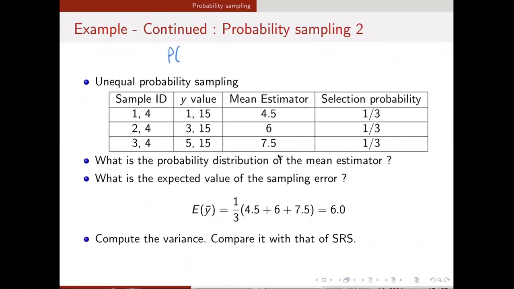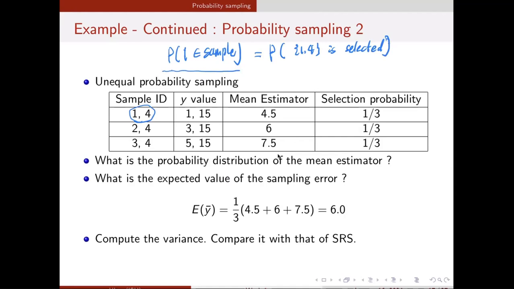So what is the probability of 1 in the sample? The only way that unit 1 is in the sample is selecting this, 1, 1, 4 is selected, because other combinations do not include unit 1.